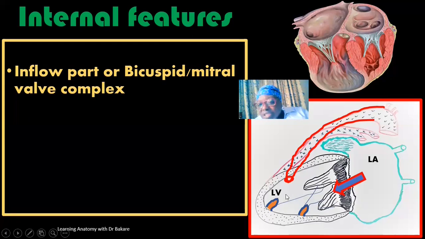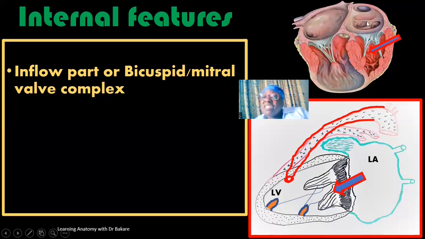So this region here is the inflow part. Looking at this image up here, this is the inflow part, because this is the left atrium and oxygenated blood is pushed from the left atrium into the left ventricle. So this region that is exposed is the inflow region or the inflow part of the left ventricle. It can also be referred to as the bicuspid or the mitral valve complex. And this is what is shown here.